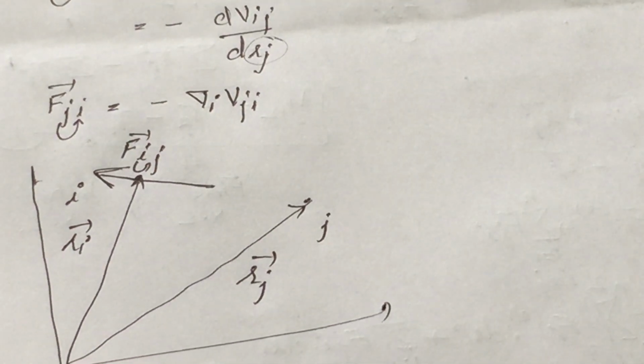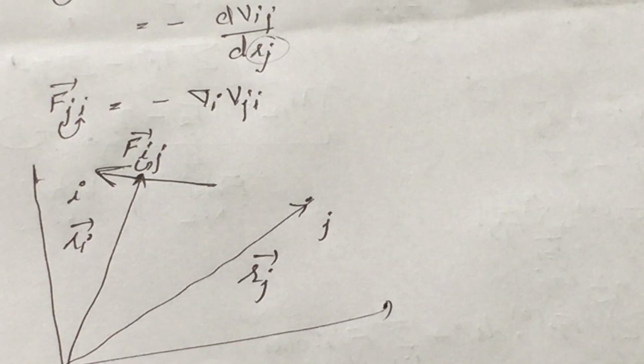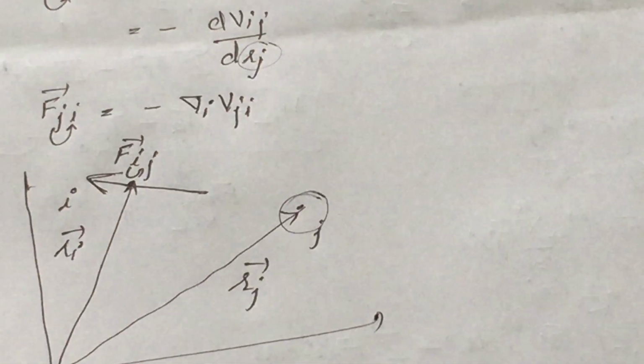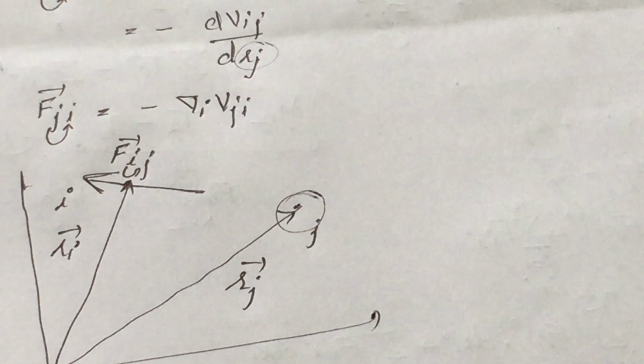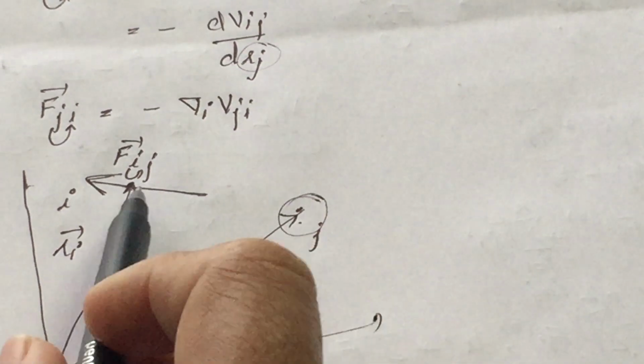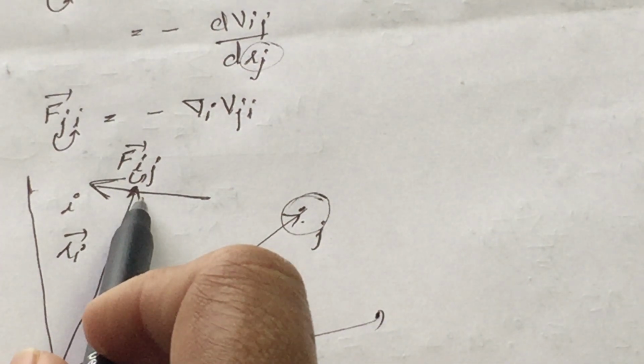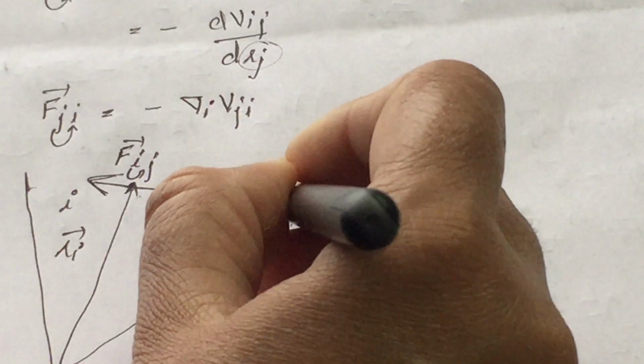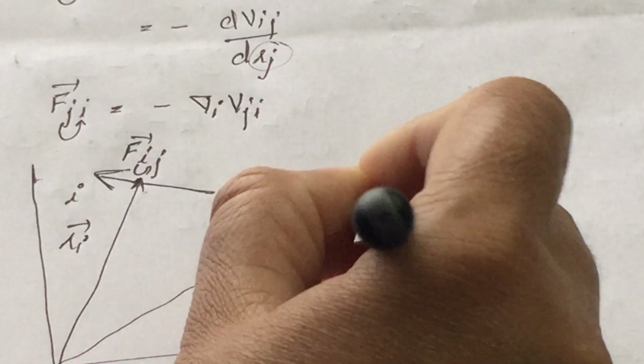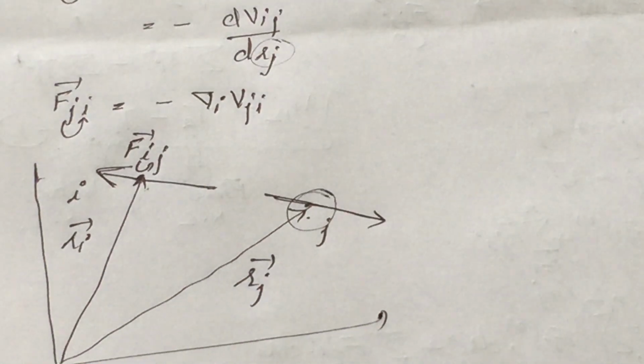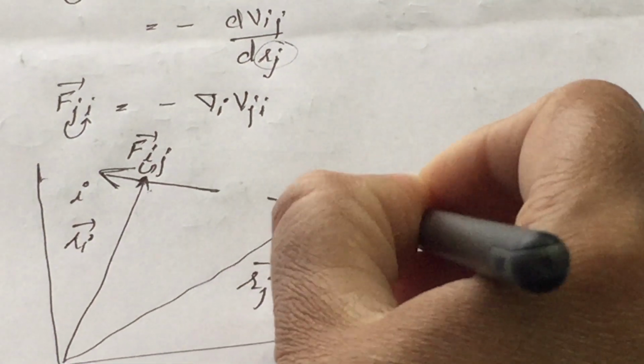It means the position of the jth particle will change. Similarly, the jth particle will apply force on the ith particle. The jth particle will attract the ith particle towards itself, and it can be represented by Fji.